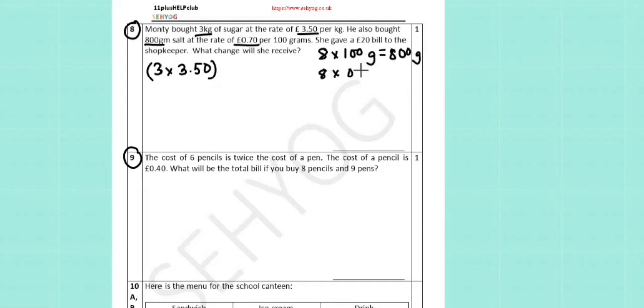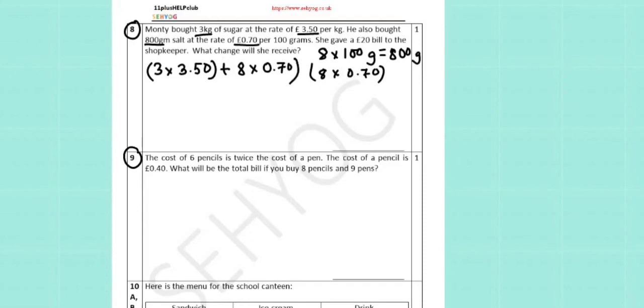In number 8, Monty bought 3 kg of sugar at the rate of 3.50 pounds per kg. So, total cost of 3 kg of sugar is 3.50 times 3. Again, he bought 800 grams salt at 0.70 pounds for 100 grams. We know that there are 8 units of 100 grams in 800 grams, which means the cost will be 8 times 0.70 pounds for salt.